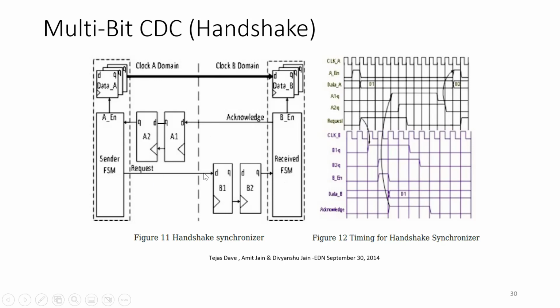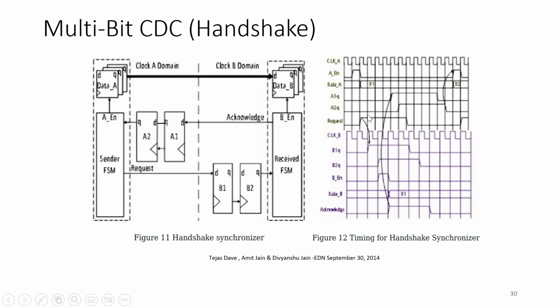It is going to the B system. Going to B1. Correct? So B1 will respond according to the B clock. Correct? The request will go to B1 upon its own clock, clock B.